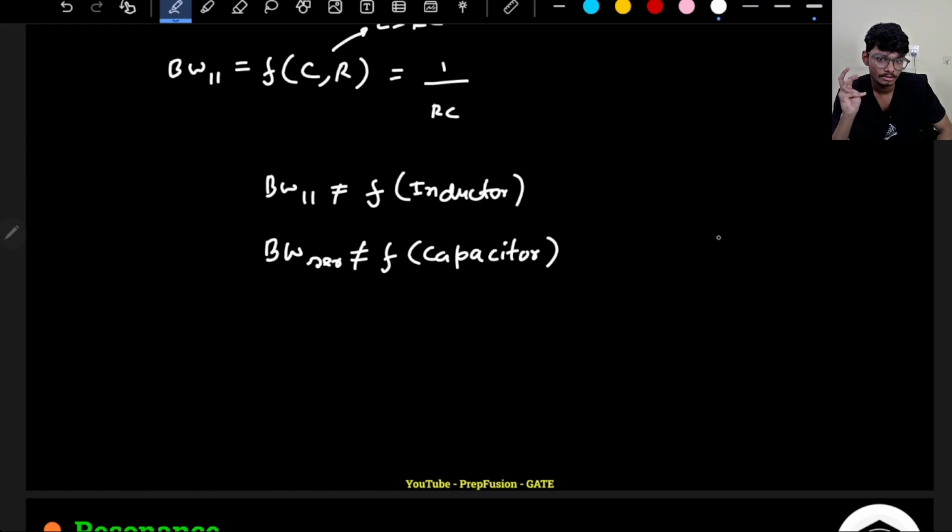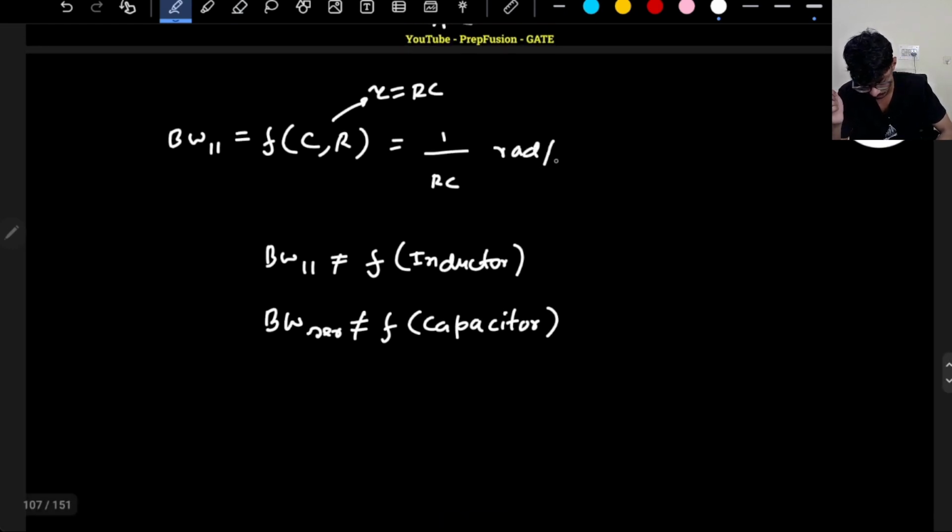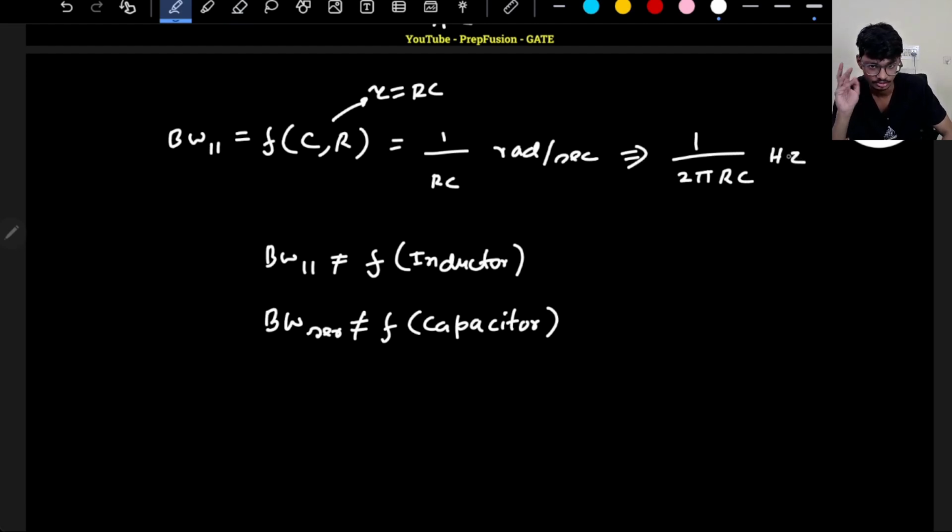Okay. And of course, this is in terms of radian per second. If you want to write in hertz, what you will do? You will divide by 2 pi RC, and then it will be in hertz. Okay. So these few things you should keep in mind.